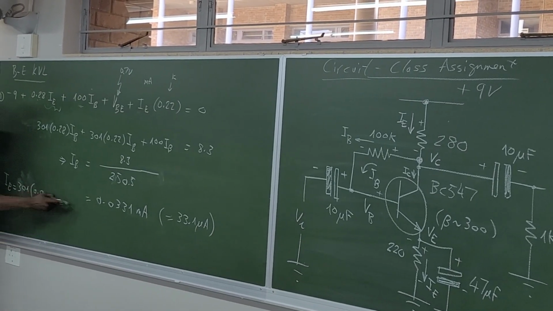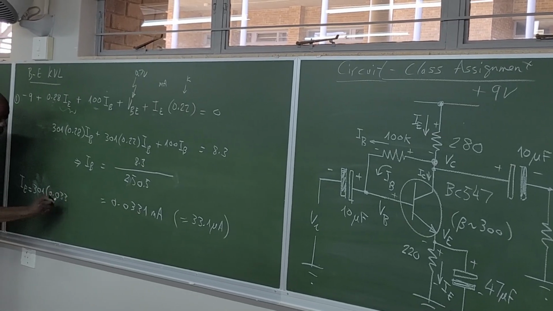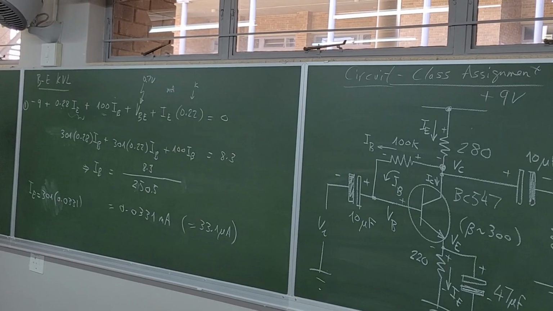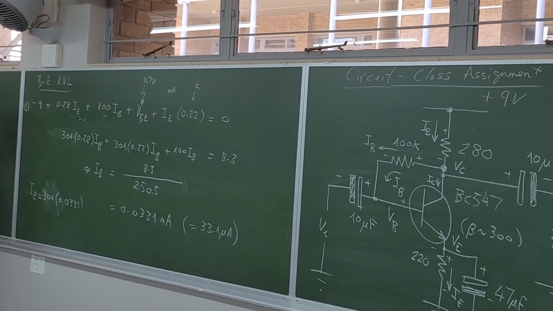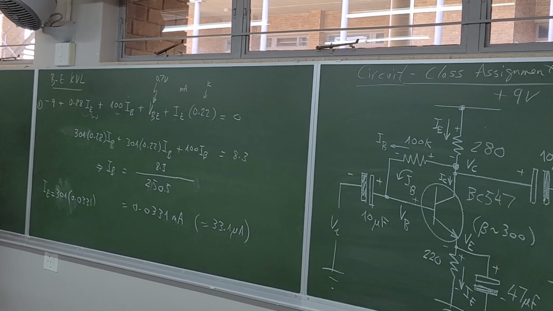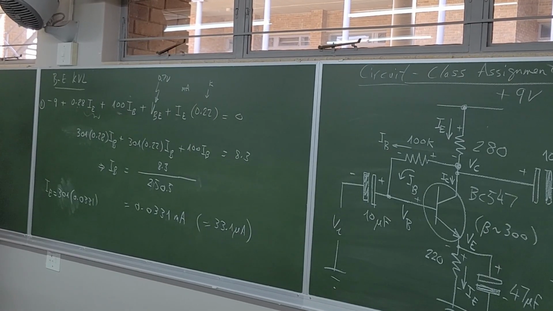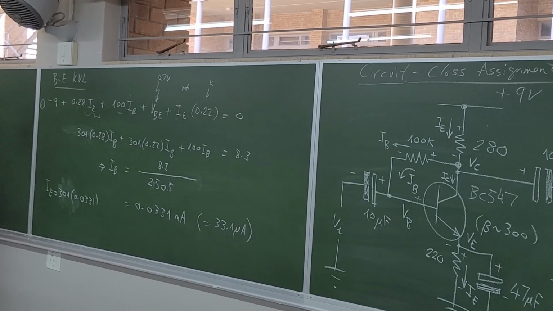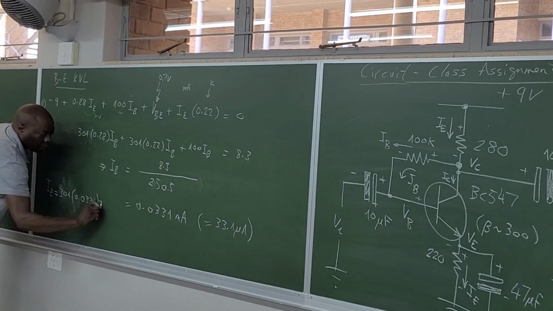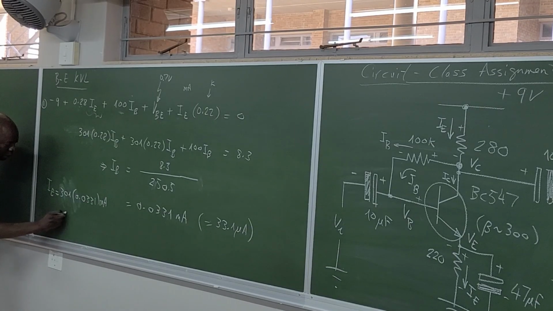So it's easier to keep this unit, 331. This is about a third of that, so it's about 10, isn't it? 301 times 0.0331. Yes, it's about 10. So it's milliamps. So it is 9.96 milliamps.